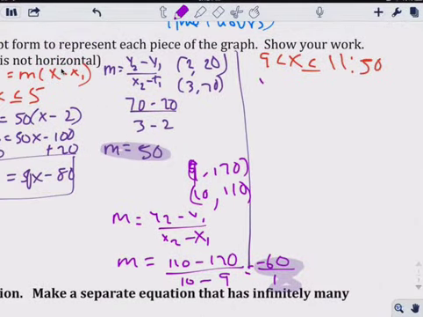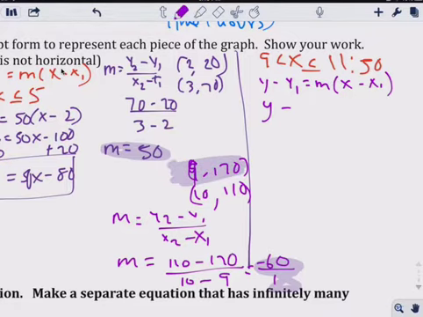So I use y minus y1 equals m parentheses x minus x1. Y minus, let's do that one, minus 9 equals m, which is negative 60. So x minus, oh, I'm sorry.